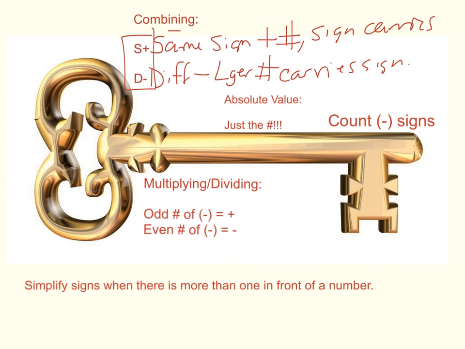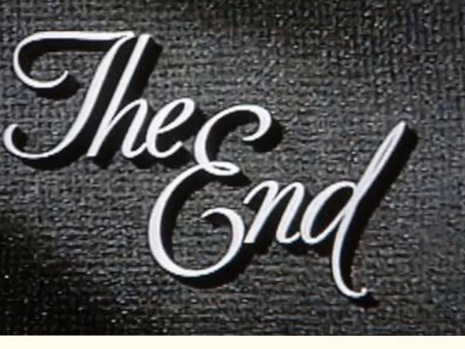The biggest thing that you want to make sure of, if you start working the problem, is simplify signs when there is more than one sign in front of the number as you go through it. If you do that, you will be fine with this section. So take your notes, use them, apply them to what we're doing in these problems, and you'll be successful in the integer section.